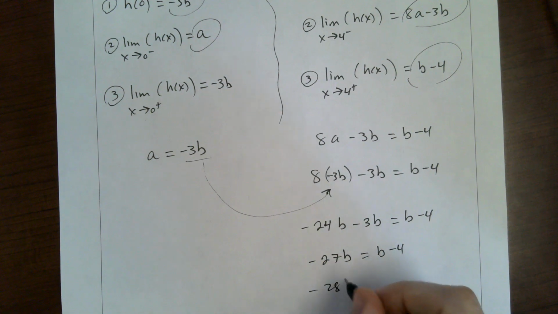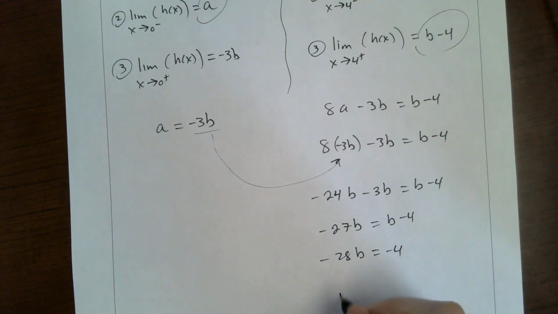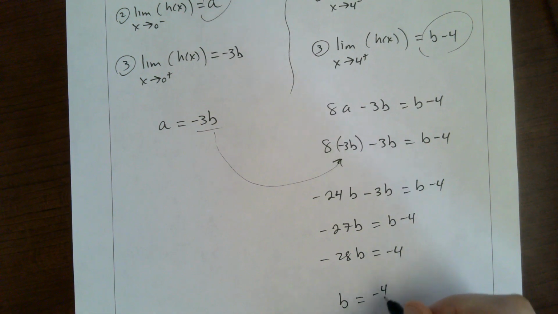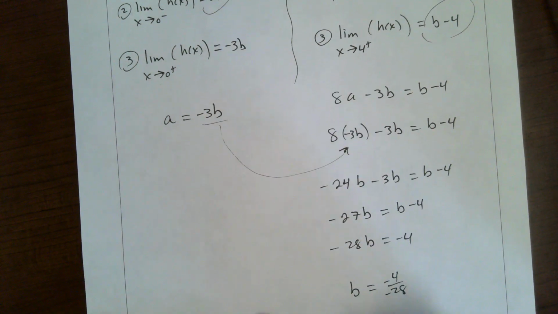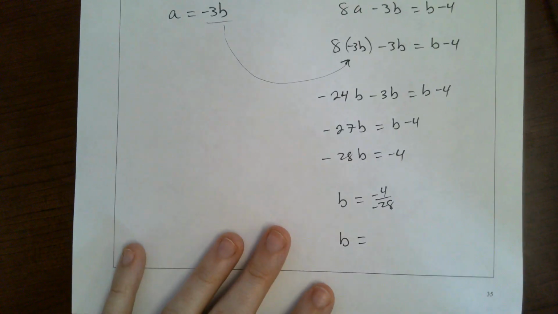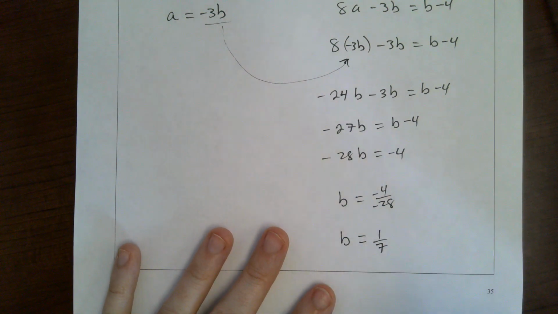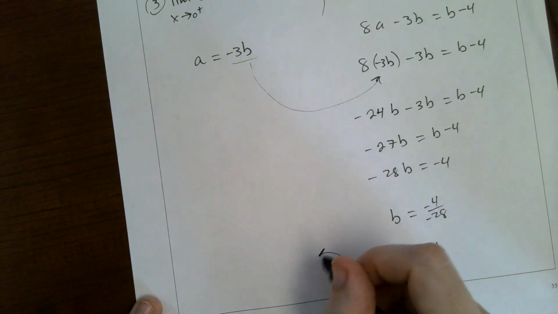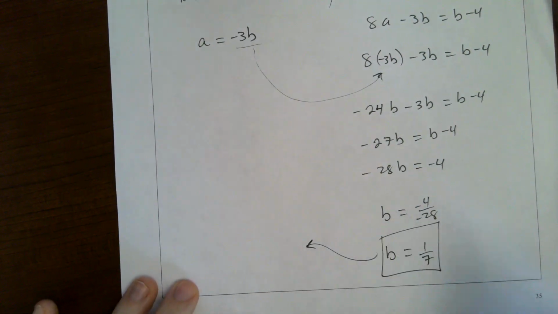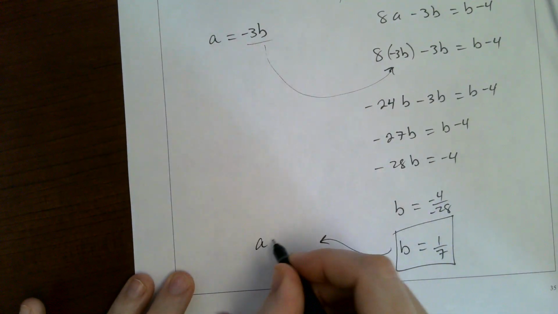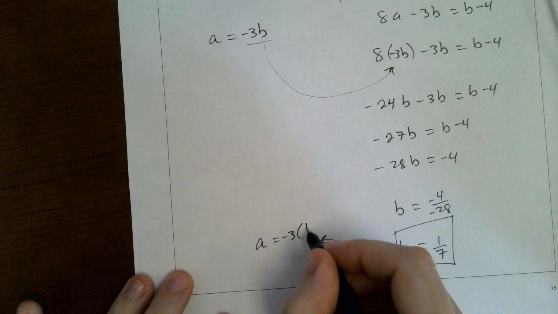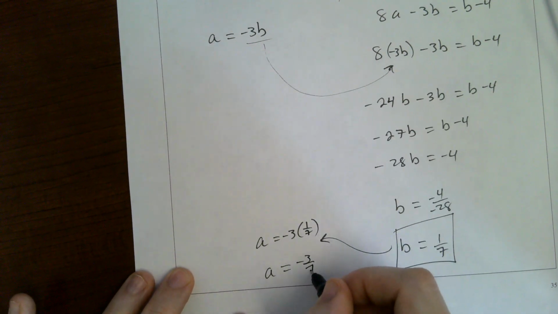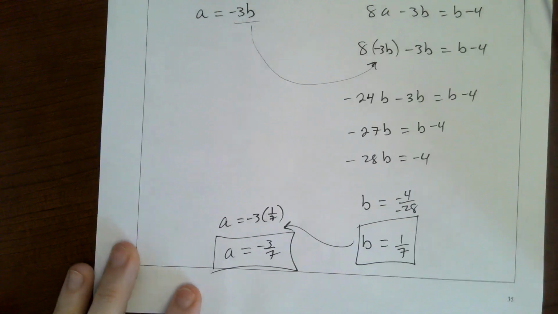Negative 28B is negative 4. So B is equal to 1/7. Okay, so B is equal to 1/7. So A is equal to negative 3 times 1/7. All right, guys, so there's that.